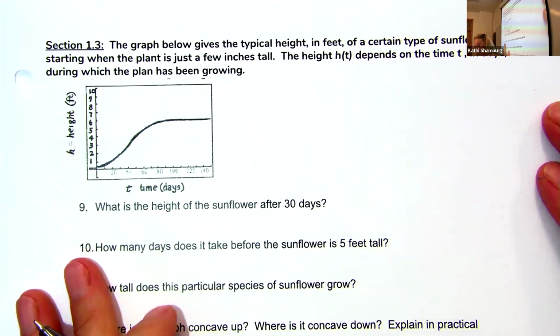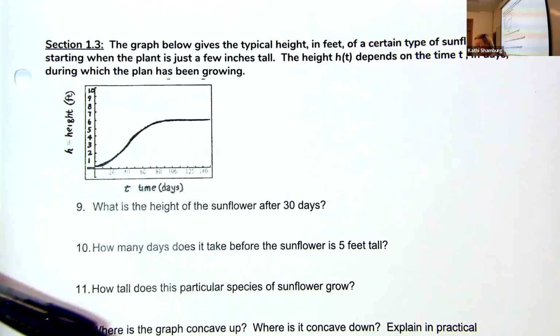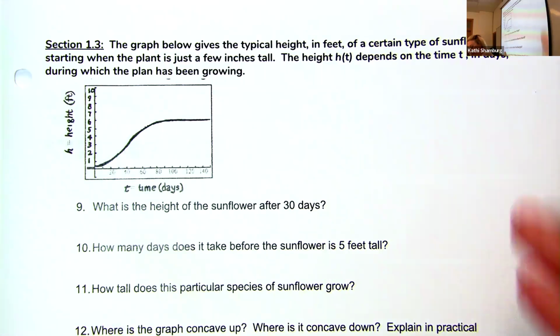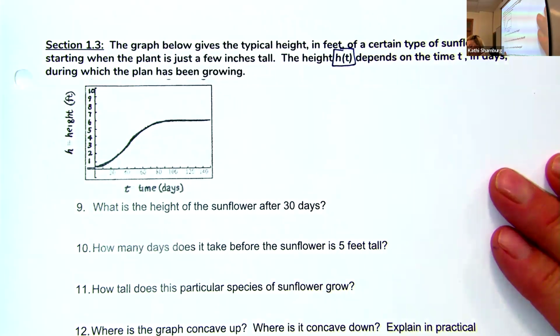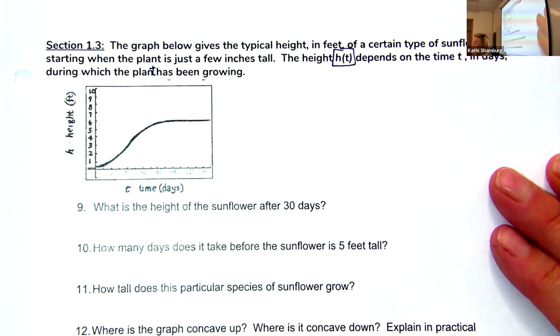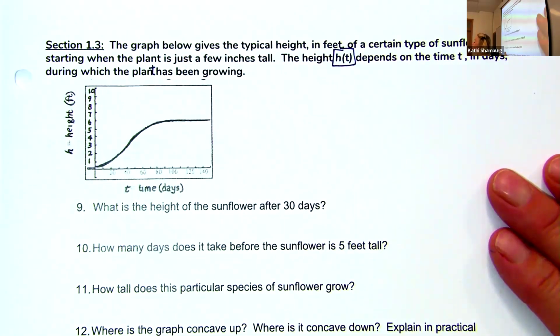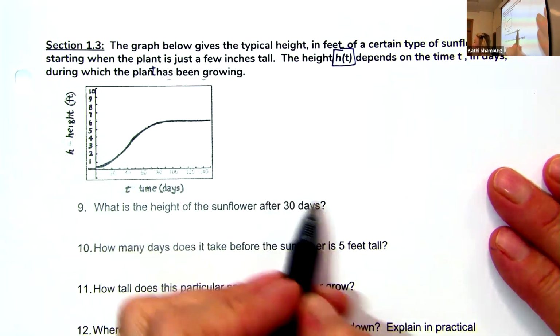All right, the graph below gives the typical height in feet of a certain type of sunflower plant, starting when the plant is just a few inches tall. The height, H at T, depends on the time T in days during which the plant has been grown. All right, so on a graph, we have a vertical axis up and down and a horizontal left to right.